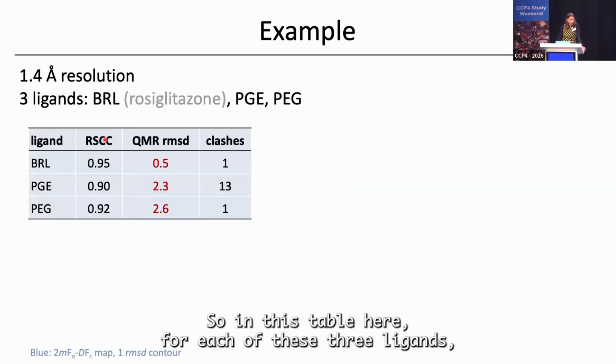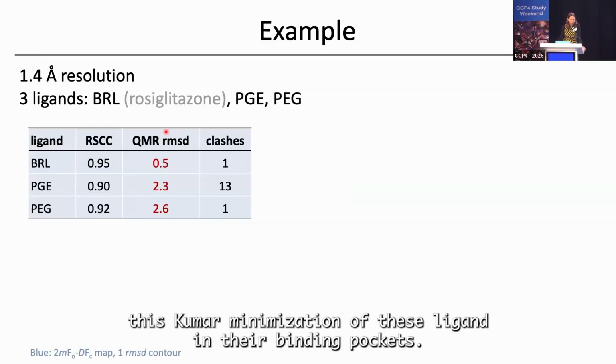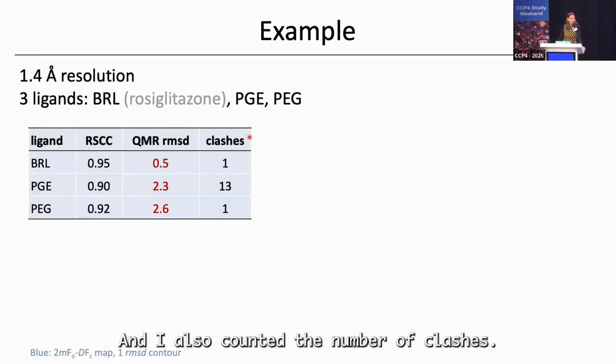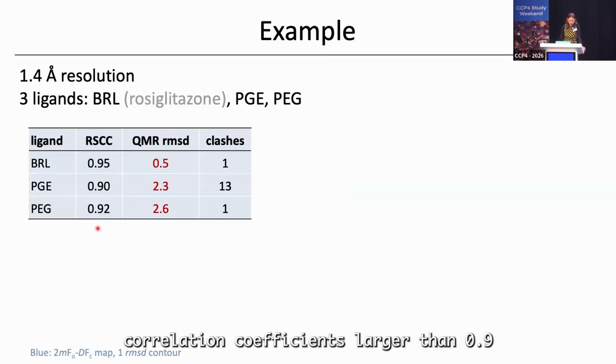In this table, for each of these three ligands, I have the real space correlation coefficient, the RMSD after this QMR minimization of these ligands in their binding pockets, and I also counted the number of clashes. For all three ligands we have quite high correlation coefficients, larger than 0.9.